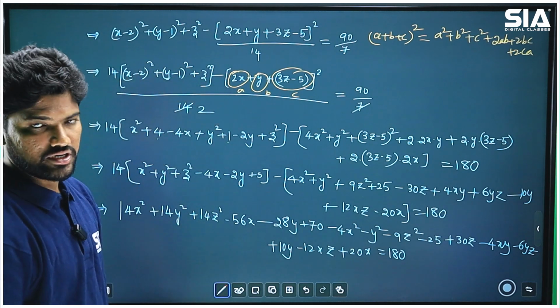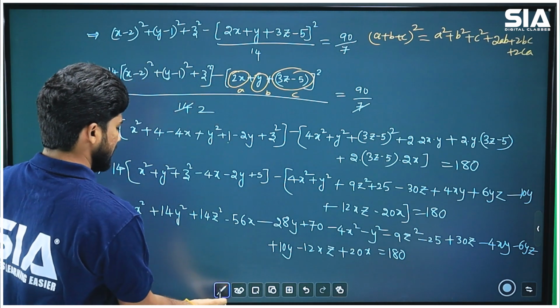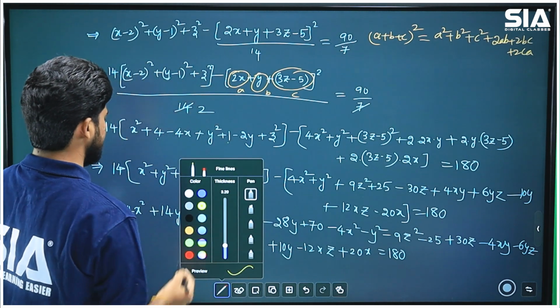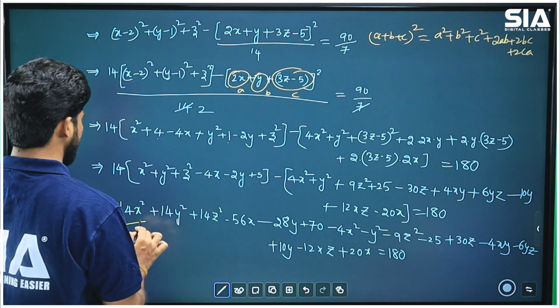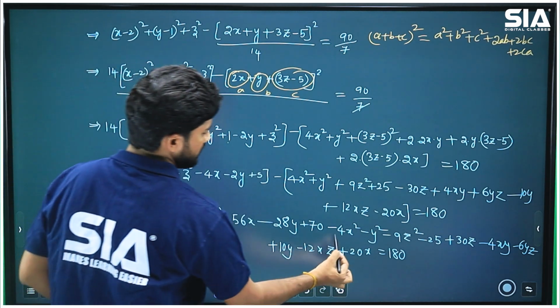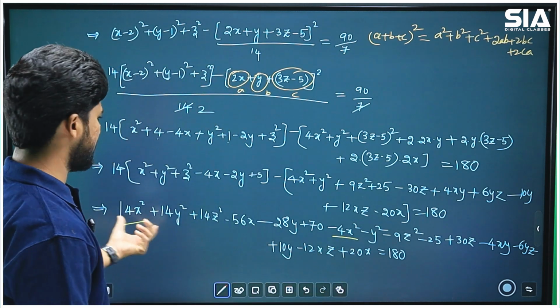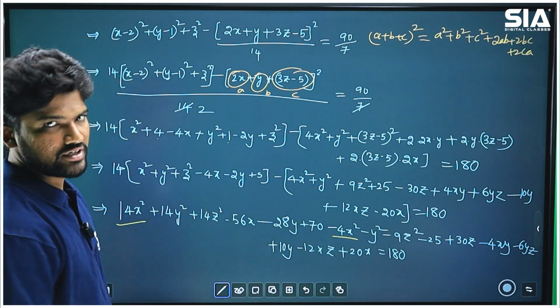This is the value. Now see, be careful with the simplification. How many x squares are there? First of all, here 14x square and minus 4x square. 14x square minus 4x square is 10x square.